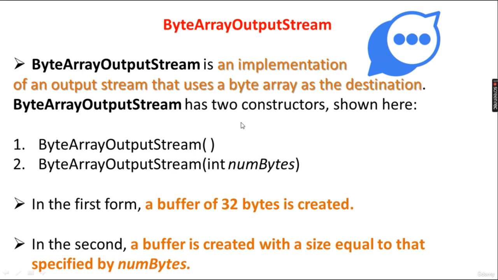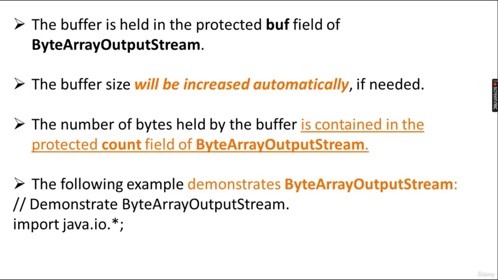The second buffer is created with the size equal to that specified by number of bytes. Those are given by you, the programmer.